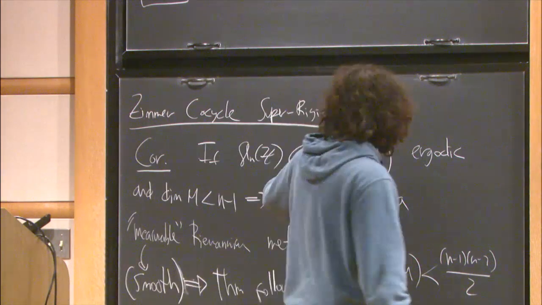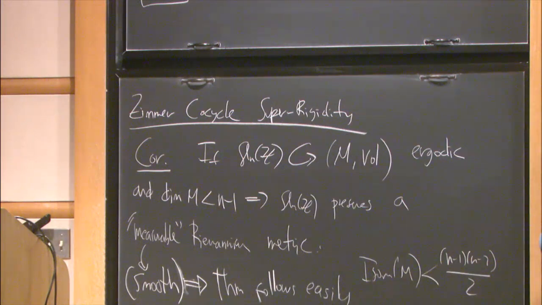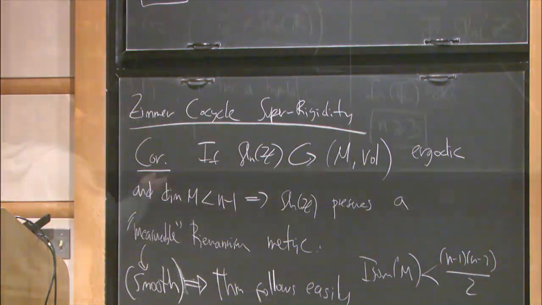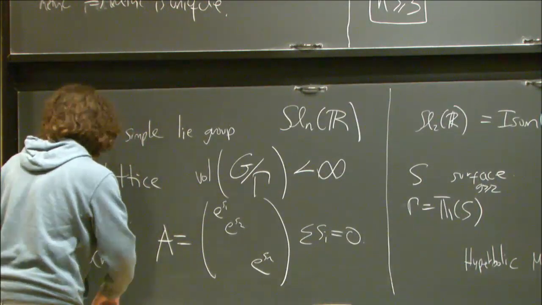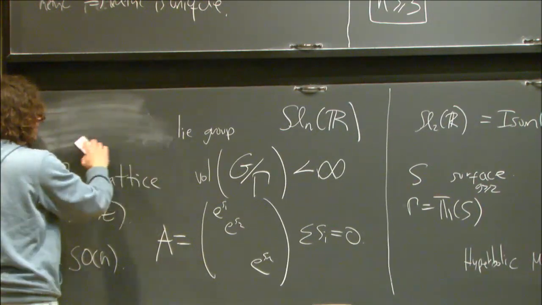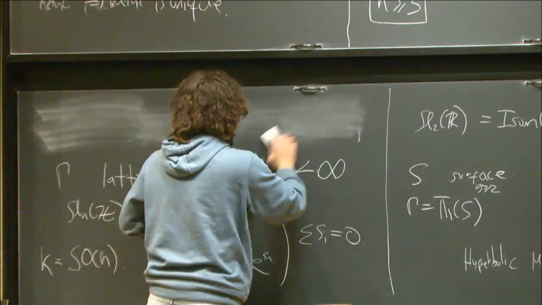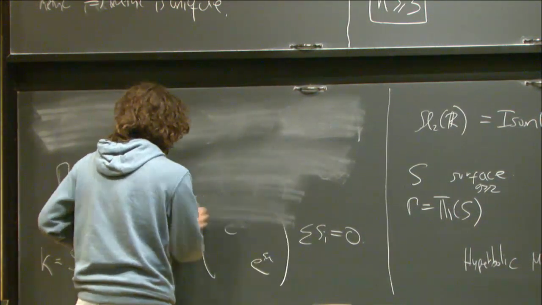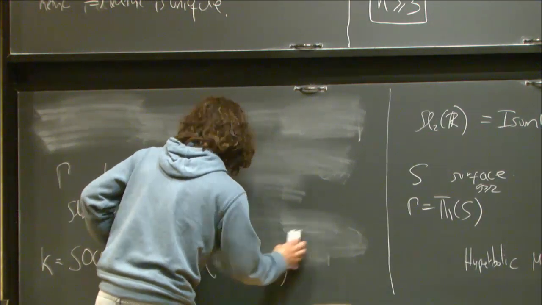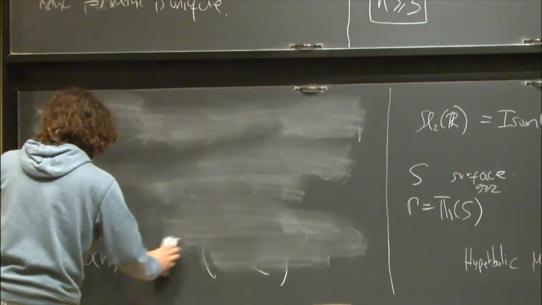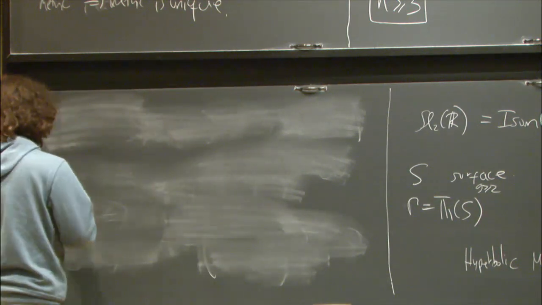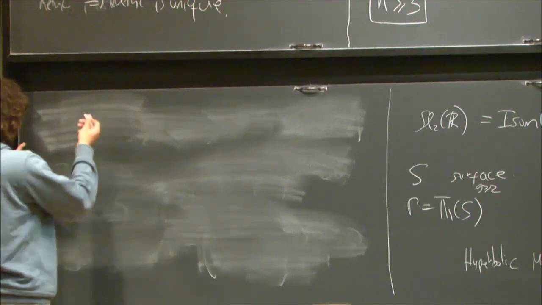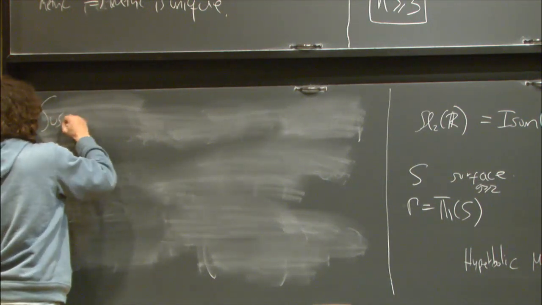Now I'll describe a construction that is very common here, and it allows you to replace your Gamma action with a G action on a different manifold, like a mapping torus. When you have Z acting on a manifold, you can construct the mapping torus. This is the version for Lie groups and more general lattices. This is the suspension of an action.